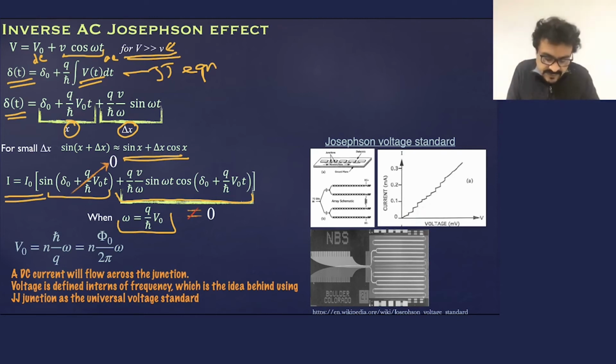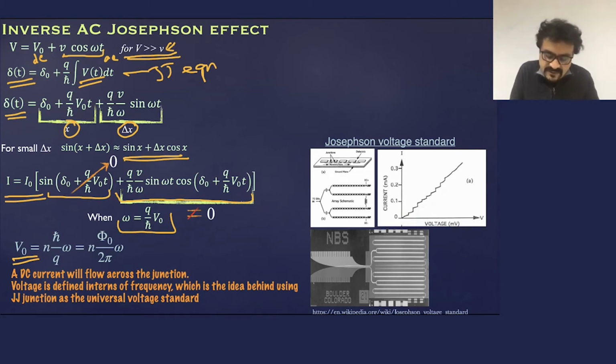Now, what you can write from this is that V0, the DC voltage basically across the junction, is N H bar by Q times omega whenever there is a current through it. Whenever there is a current flowing through it, there is the DC voltage given by this relation.